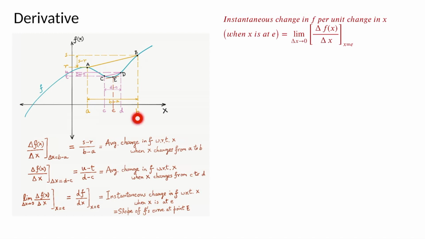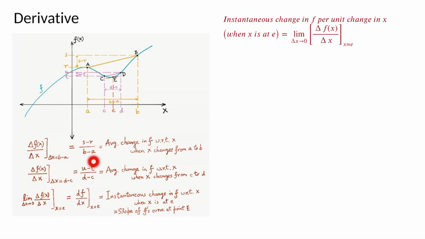And let us look at what this delta f by delta x is as x changes from a to b, right? And that is nothing but the slope of this secant, right? So delta f is s minus r, that is the difference in the value that the function takes at point b and point a, and divide that by this increment, this delta on the x axis, which is b minus a, right?